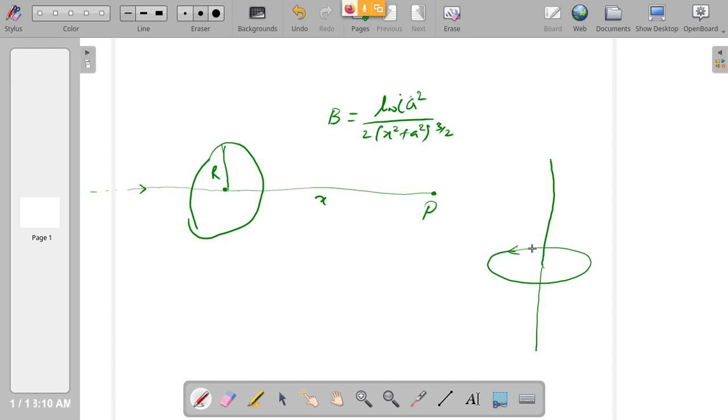Now current is going in this direction, so the direction of the magnetic field is like this. Again the thumb is drawn like this, and the fingers are curling like this. So this is the current direction, the curling, and this is the direction of the magnetic field for this coil. The same way, now you put the same coil horizontally.